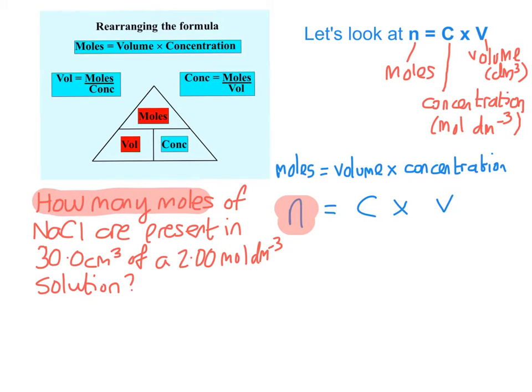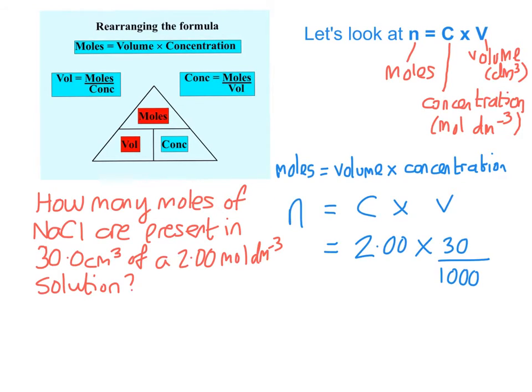So therefore you don't have to rearrange anything. Remembering to convert centimeters cubed into decimeters cubed, it's simply 2 times 30 over 1,000, which gives us 0.0600 moles.